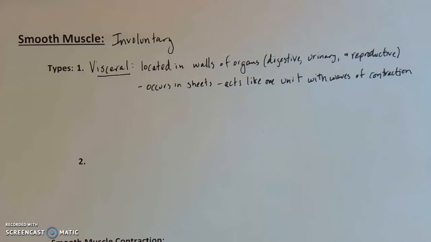The wave of contraction starts in one area, and if we're talking about the large intestine, pushes the fecal matter through, kind of like putting your hand at the end of the toothpaste tube and squeezing and then moving it down along, everything comes out the other end. That's how this muscle works.